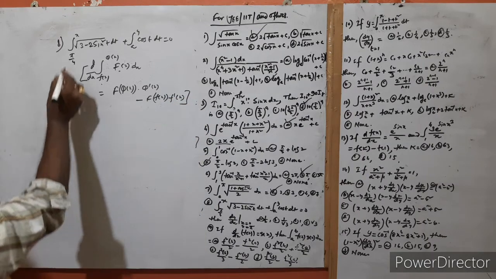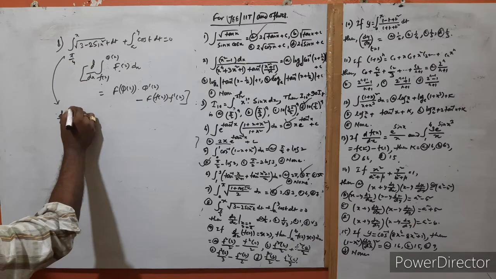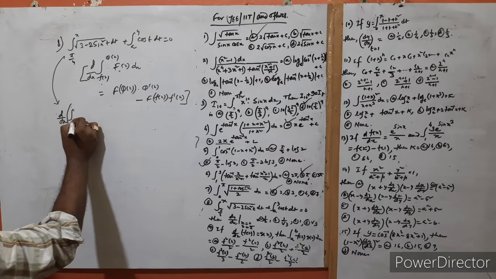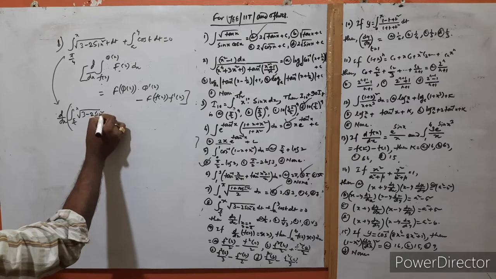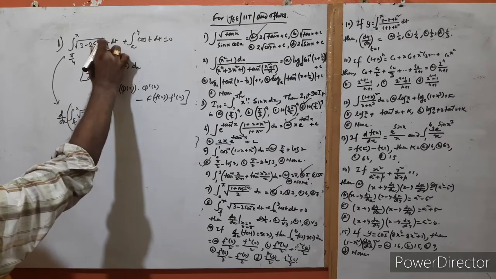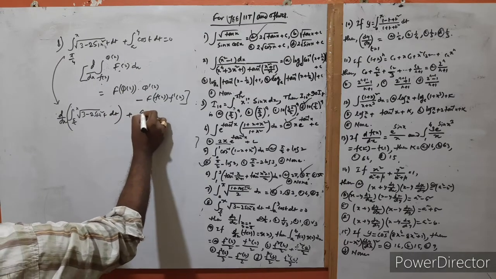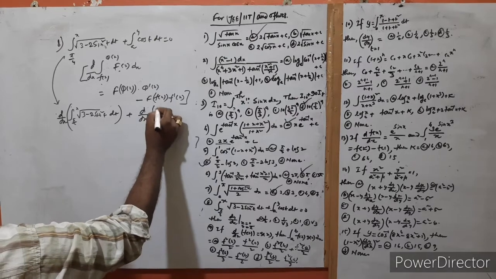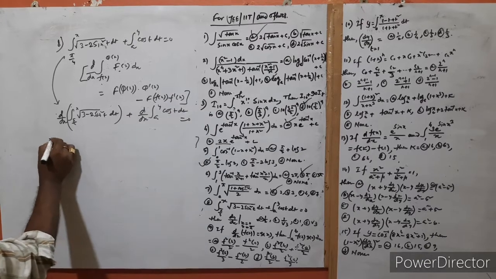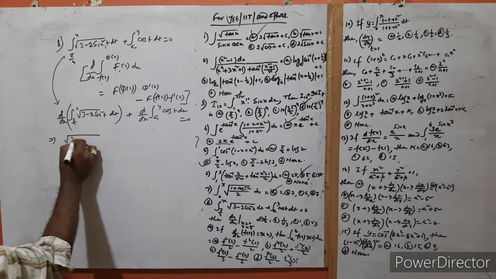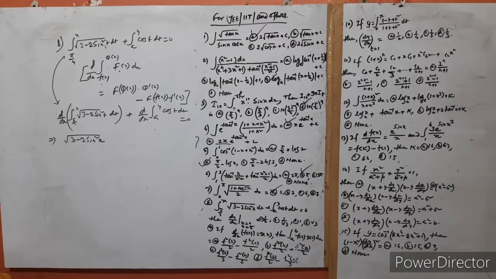So from that, differentiate this: d by dx of the integral from pi by 4 to x of root over 3 minus 2 sine square t dt, plus d by dx of the integral of a2y cos t dt equal to 0. Now for differentiating this, 3 minus 2 sine square x.